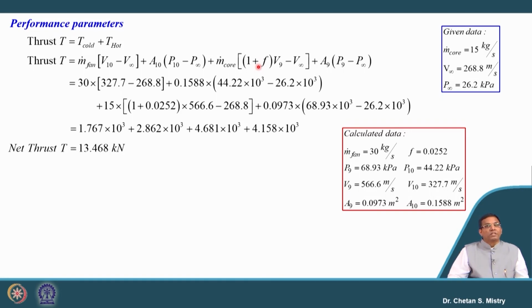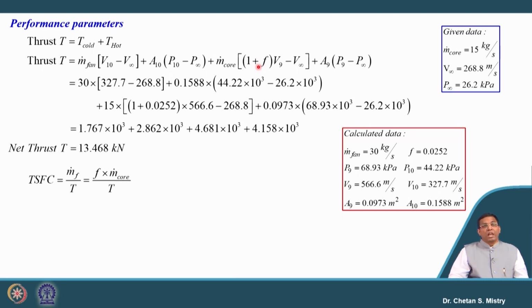If you compare, under ground condition the net thrust was around 20 kilonewton, and for the flying condition it is 13.46 kilonewton.